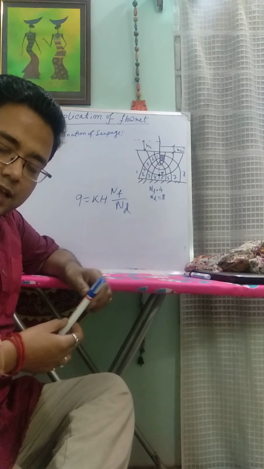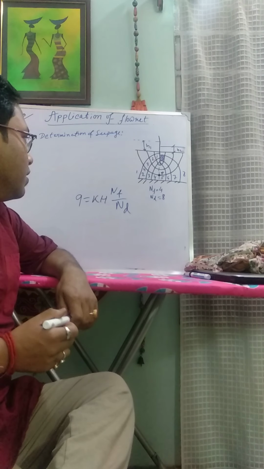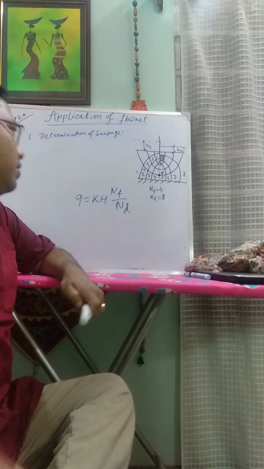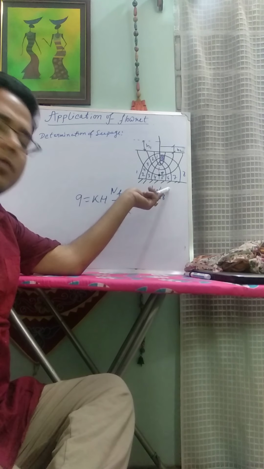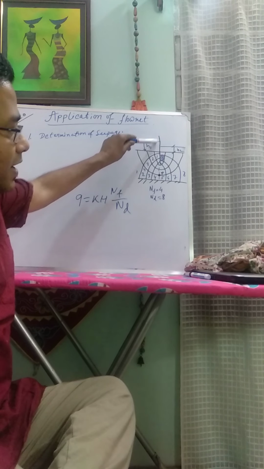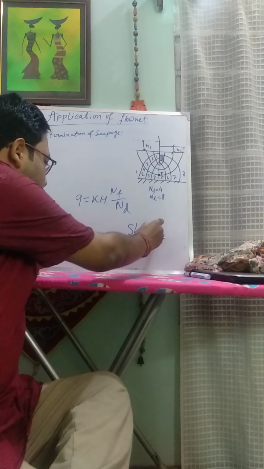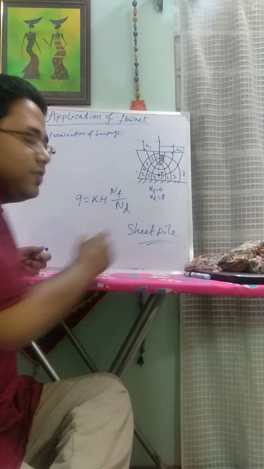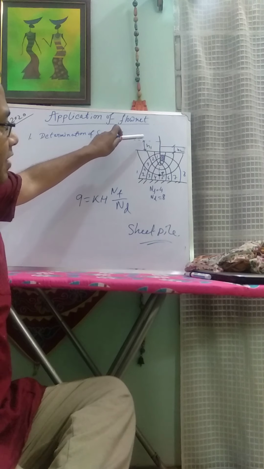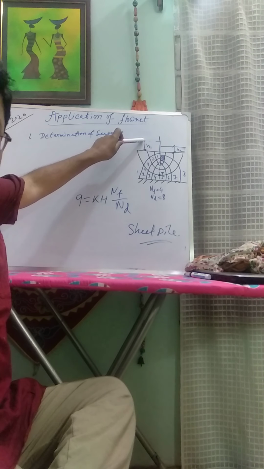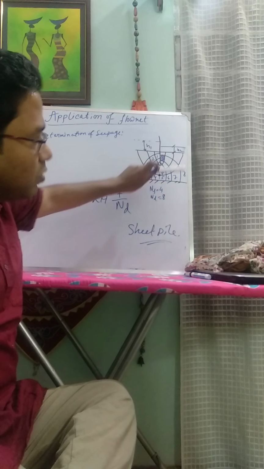K, you know, is the coefficient of permeability, and H is the head difference. Now I construct another diagram of the Flownet. This is a sheet pile. The head on the upstream side is H1, and on the downstream side the head is H2.